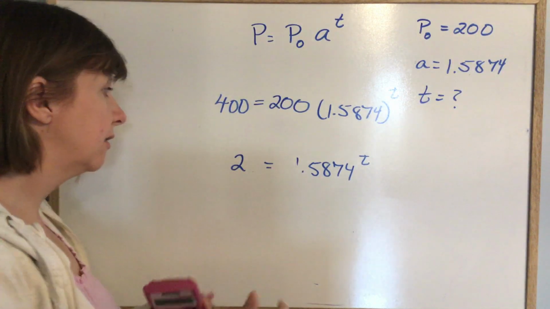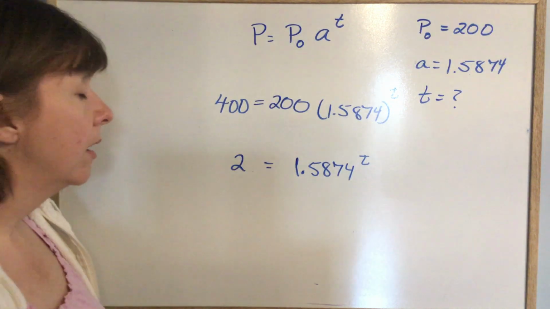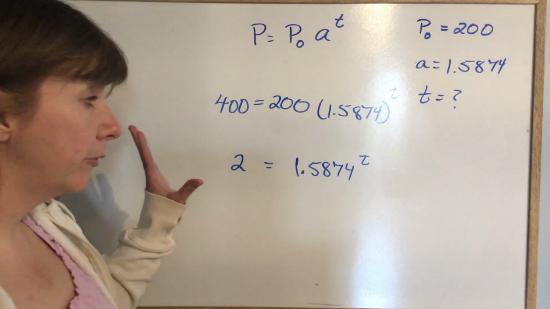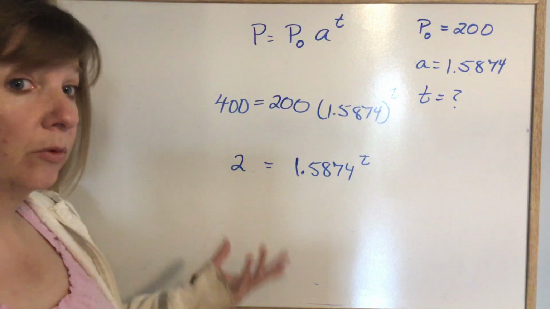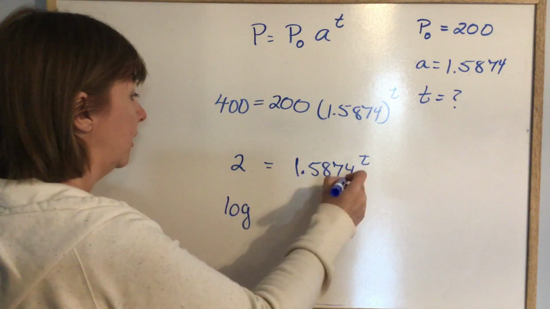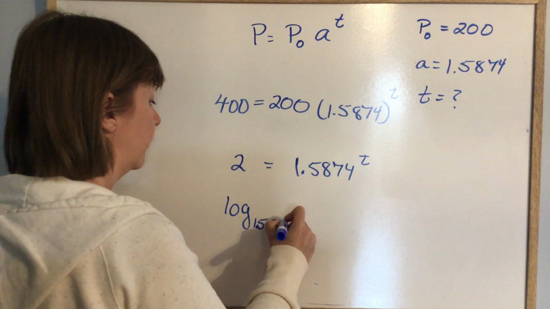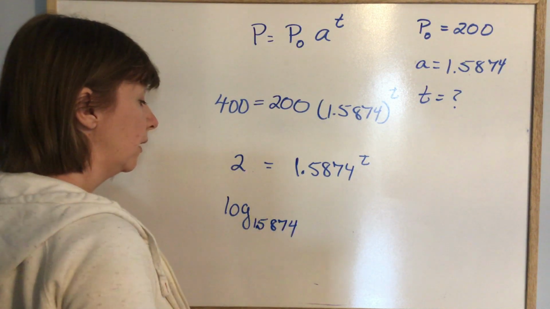Or the other option would be, because this is a simple exponential function, to change it from exponential form into logarithmic form. And to do that, whatever the base of this is, that is the base of my log.